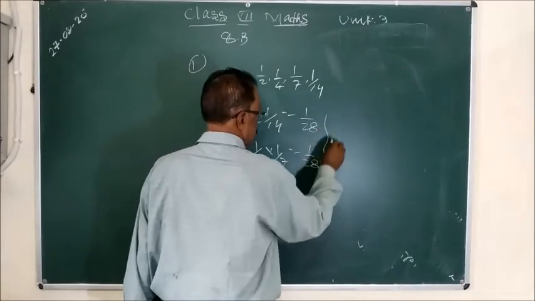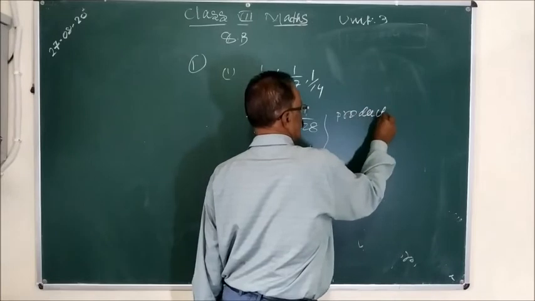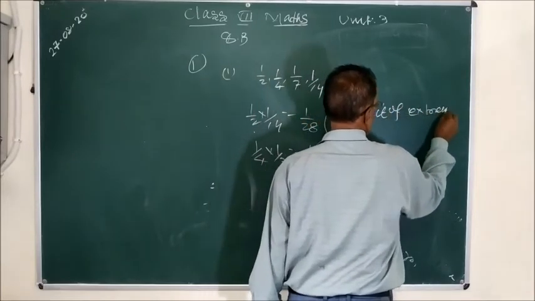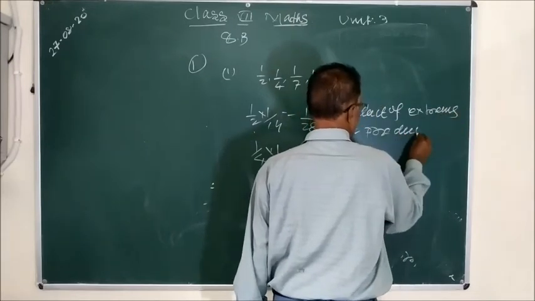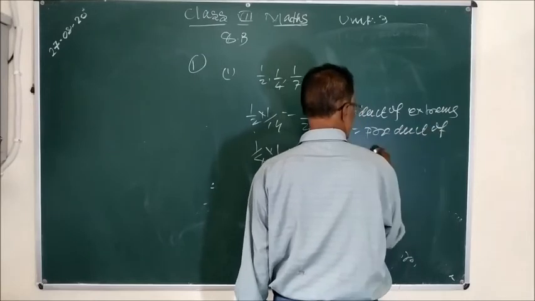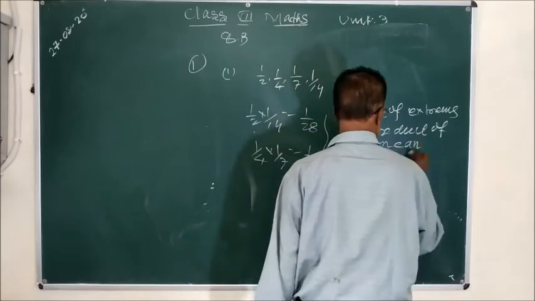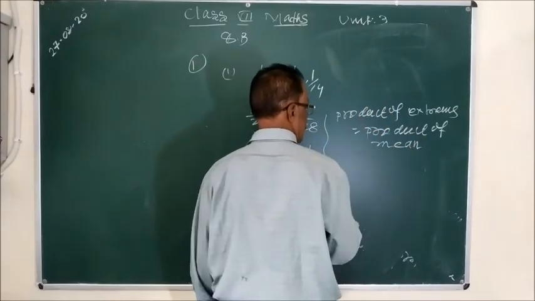What do you observe? We observe the product of extremes is equal to the product of means. What is the conclusion from this observation, from this process?